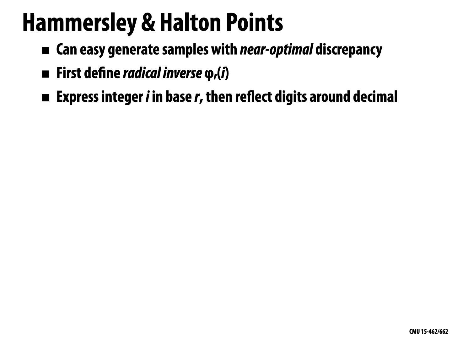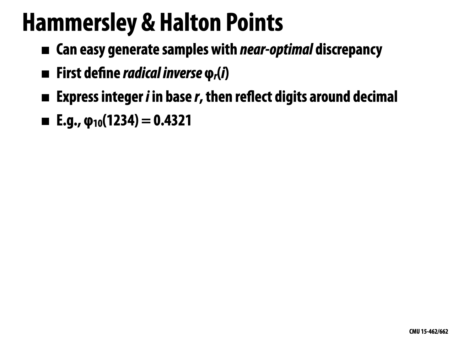So the radical inverse takes an integer I, expresses it in base R, and then reflects the digits around the decimal. So for instance, if I have the integer 1234, I express it in base 10. Okay, it's already expressed in base 10. And then I reflect it around the decimal, I get 0.4321.